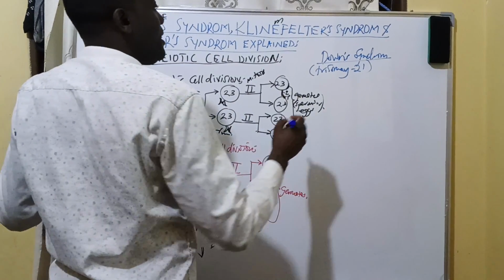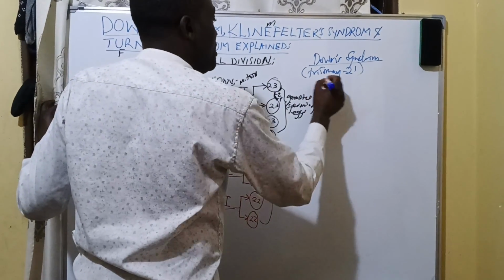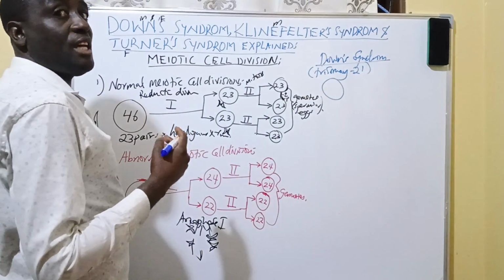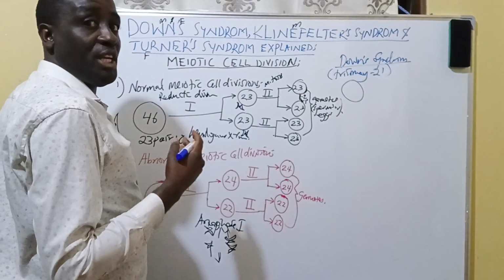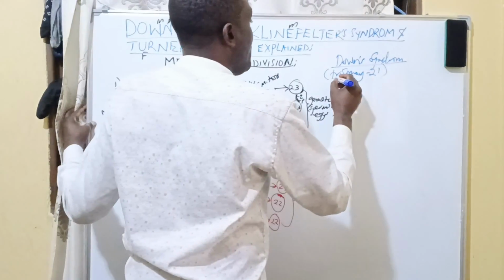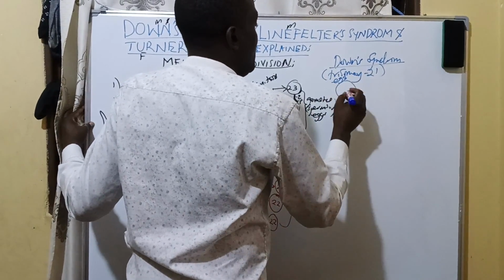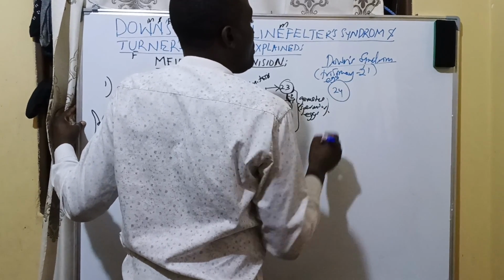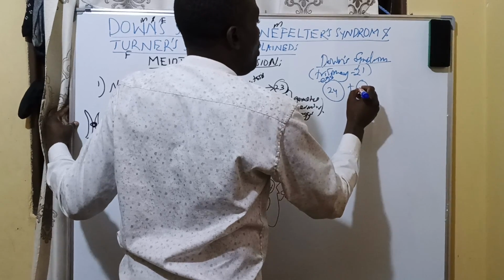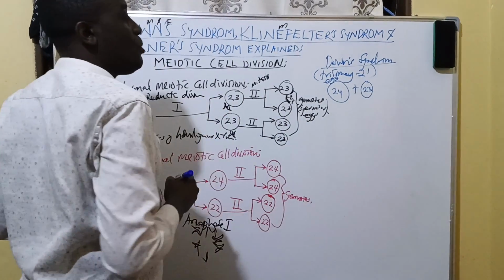What happens is that an egg cell, these disorders are very common in eggs, especially eggs of ladies that normally get children at old age, about 40 years and above. So this one is an egg cell. It comes with 24 chromosomes. Then a sperm cell is going to come with the normal number, 23 chromosomes.